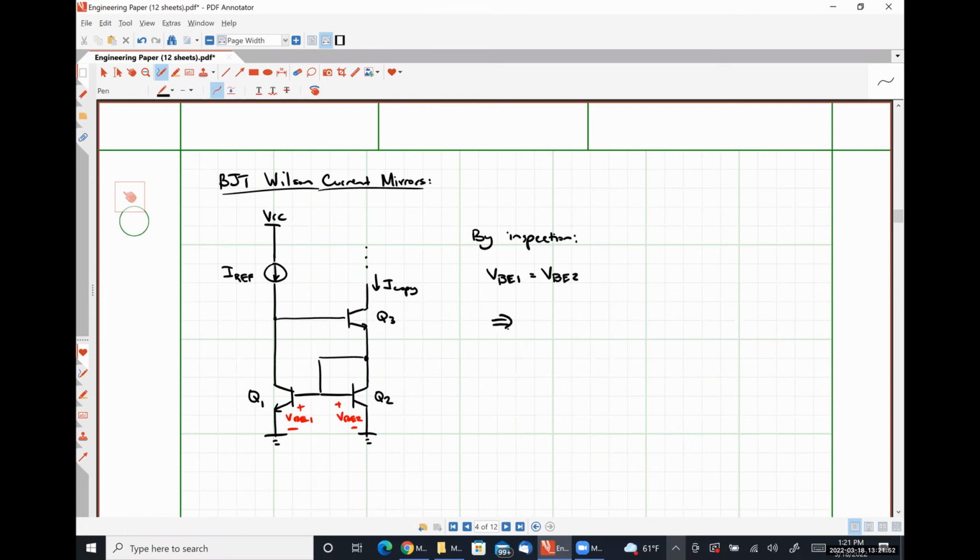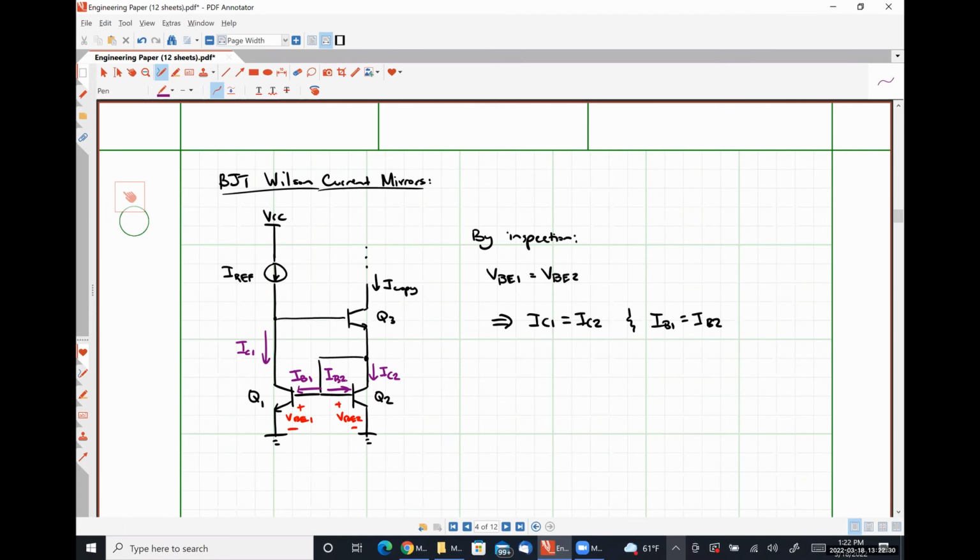Which again means that IC1 is equal to IC2 and IB1 is equal to IB2. So I'm going to go ahead and label those currents. So here we have IC1. Here we have IC2. This current is IB1. This current is IB2.